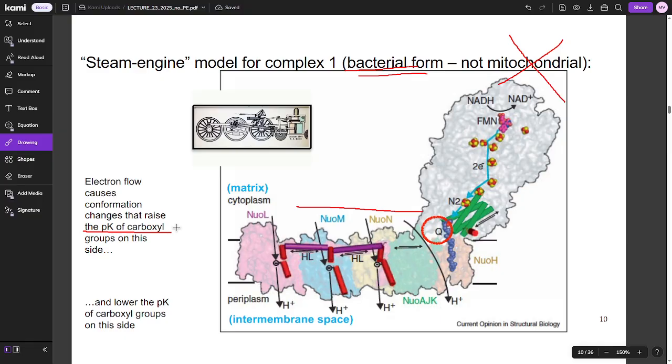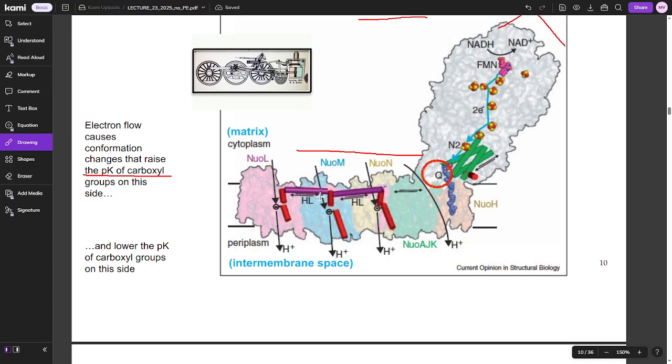As a result, a proton is more readily slapped onto that carboxyl group. Then when the conformational change happens and the pKa gets lowered for that carboxyl group, it ends up releasing that proton. So basically it gets protonated, causes the conformational change, goes to the other side, and gets deprotonated because the pKa is much lower on the other side.